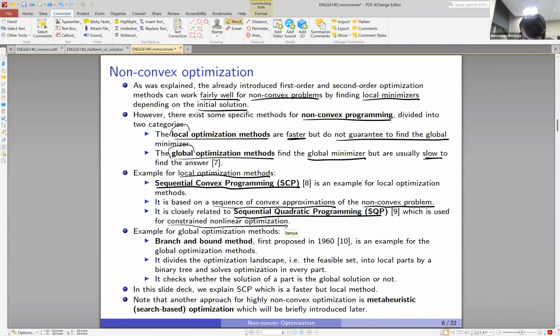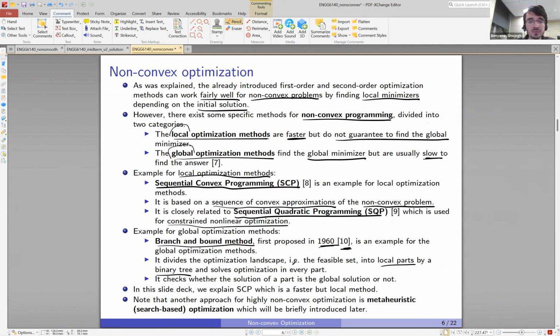An example for global optimization methods is the branch and bound method, which was proposed in the 1960s, and it is paper 10. It divides the optimization landscape, the feasible set, into local parts by a binary tree, and solves the optimization in every part.